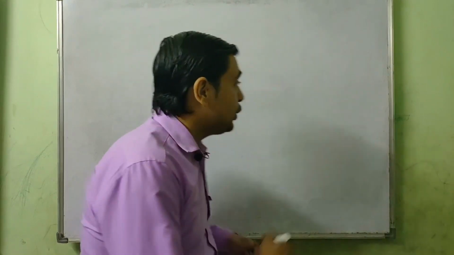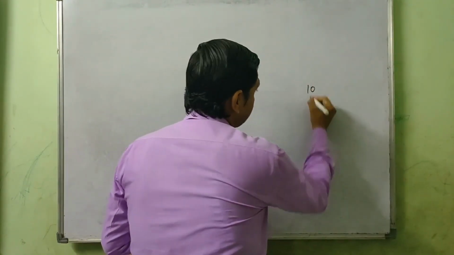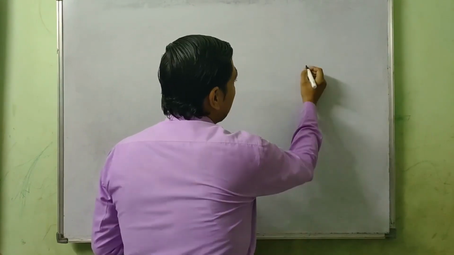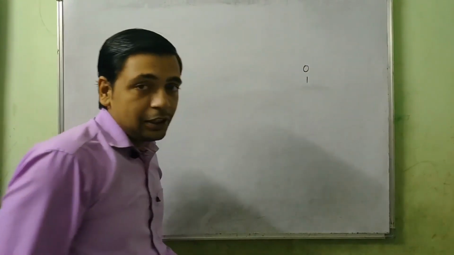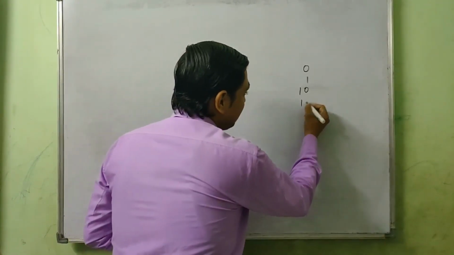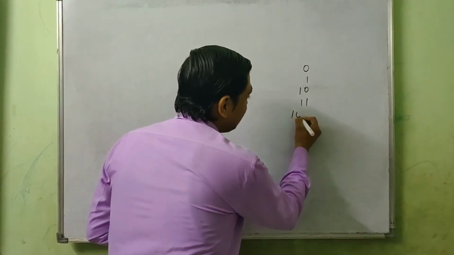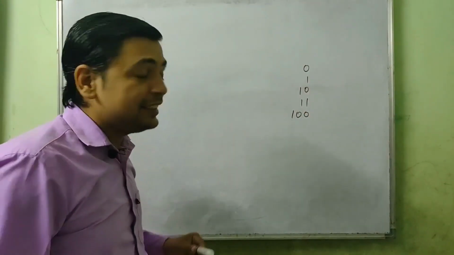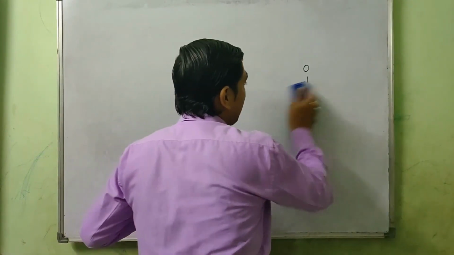And in binary, 2 is represented as 1 0. So the single digit numbers in binary are only 0 and 1. 2 is represented in 2 digits, 3 is represented in 2 digits, then 4 is represented in 3 digits. You know that. So you should be careful about these carries.